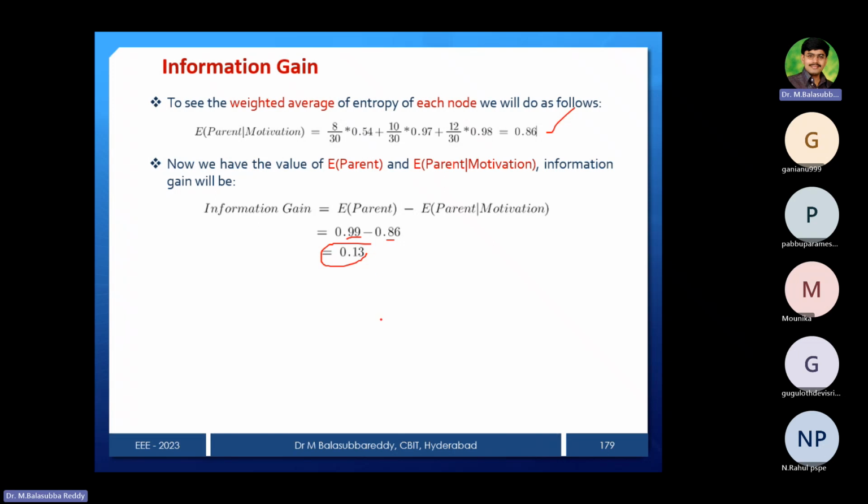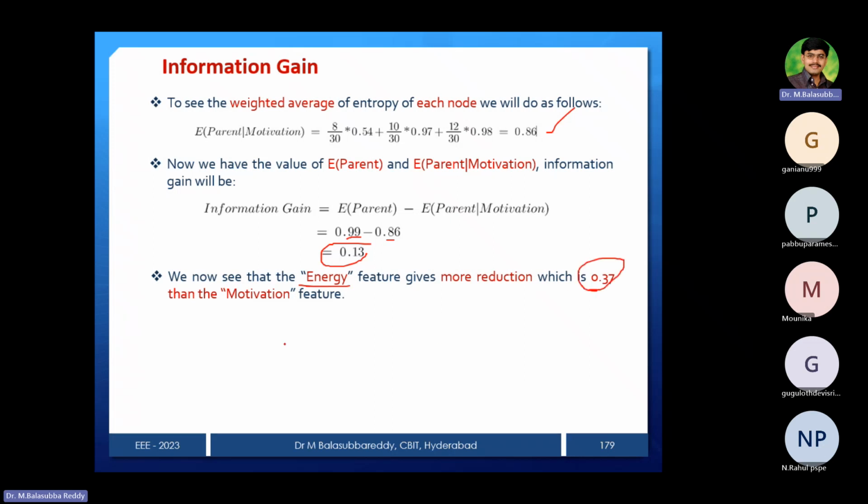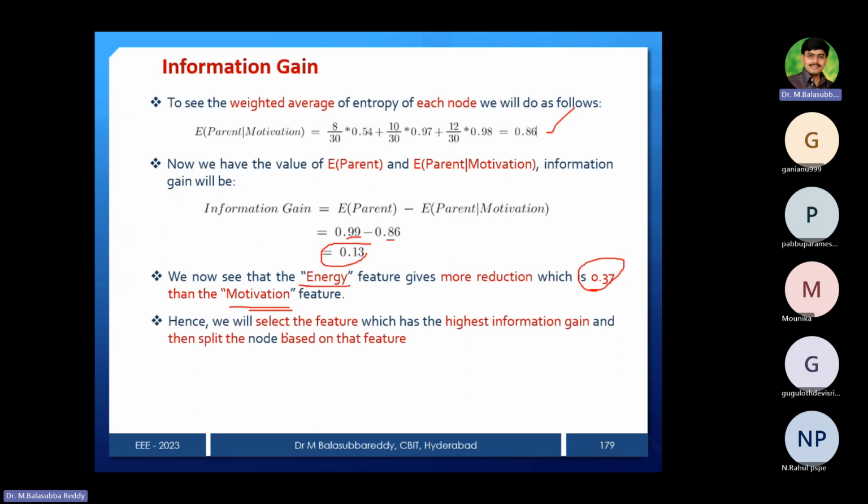Now compare these two. Previously, when energy is the root node, the information gain is 0.37. What we can observe is that there is more reduction with 0.37 than with the motivation feature. So we select the feature with the highest information gain and then split the nodes.